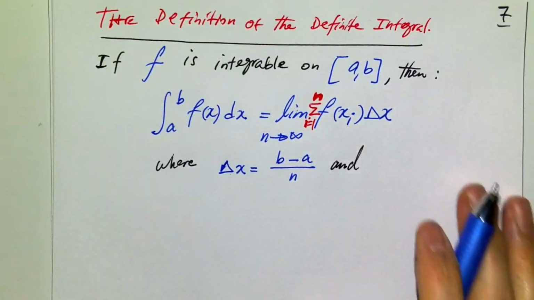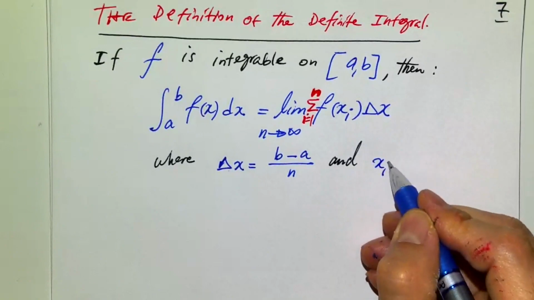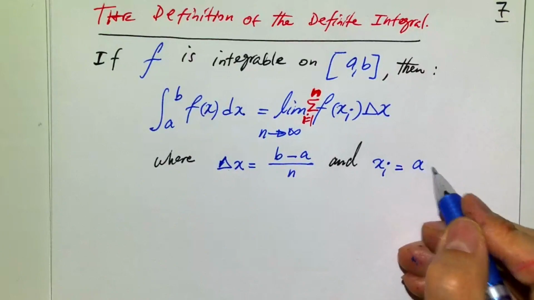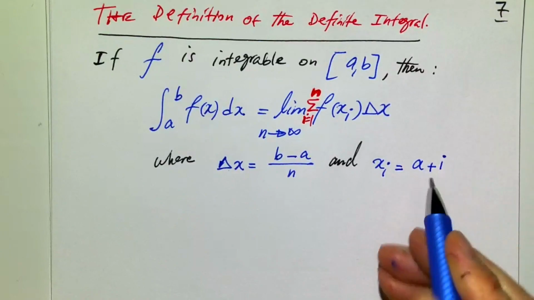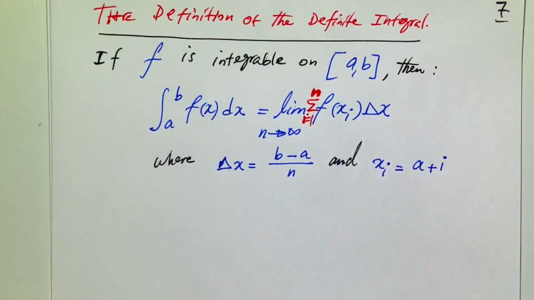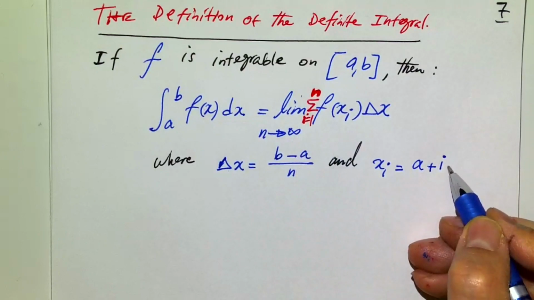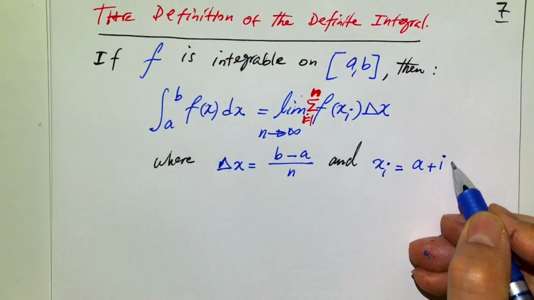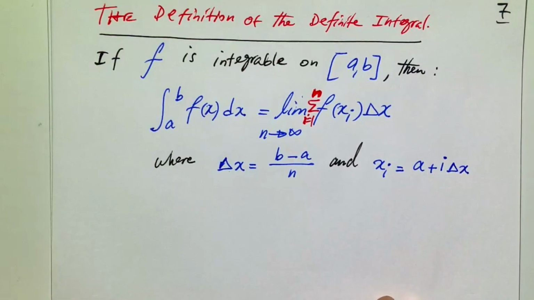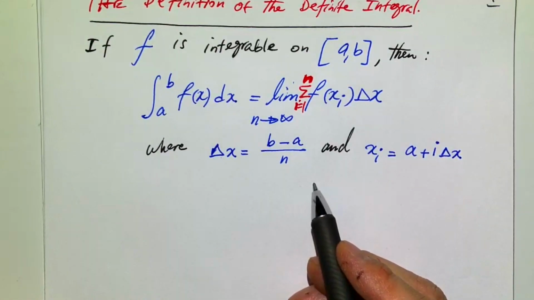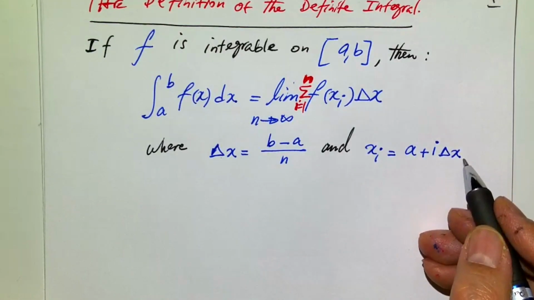And xi is equal to a, the lower limit, plus i, where i is the number of the rectangle, first rectangle, second rectangle, and so on. However many rectangles we have, i times delta x. Okay, and let me just make sure everything is defined here.